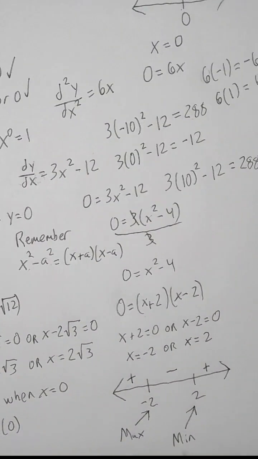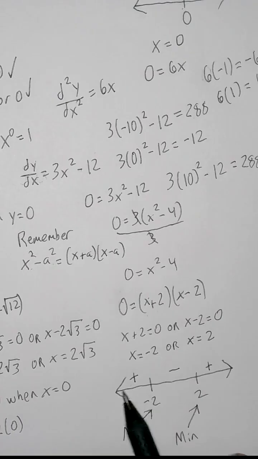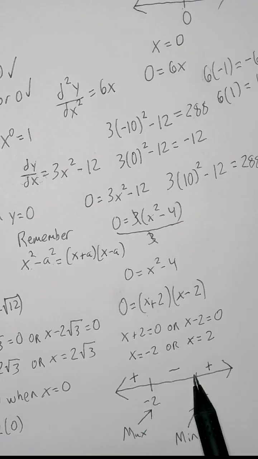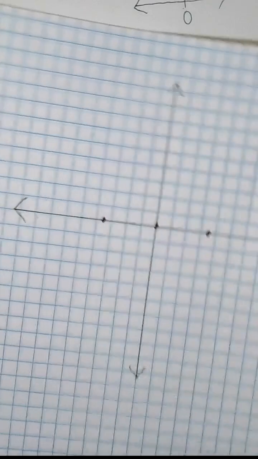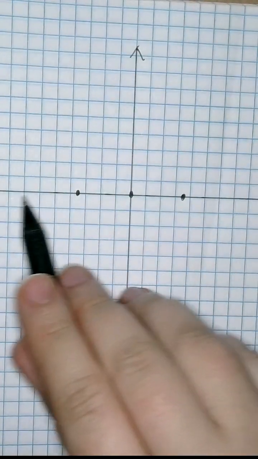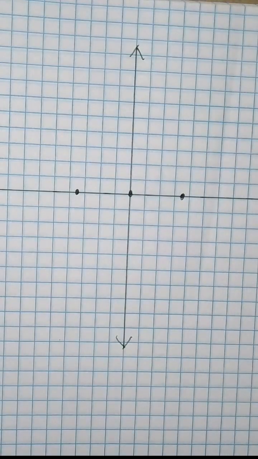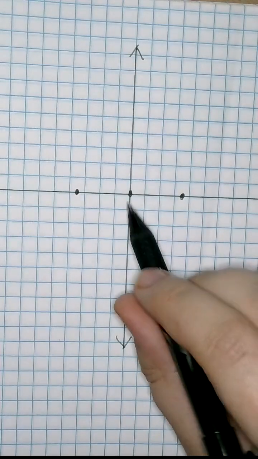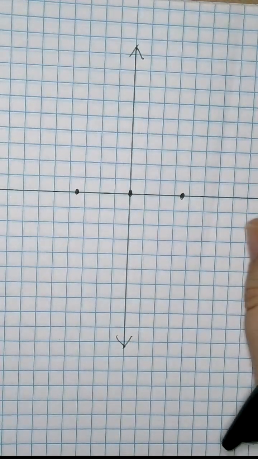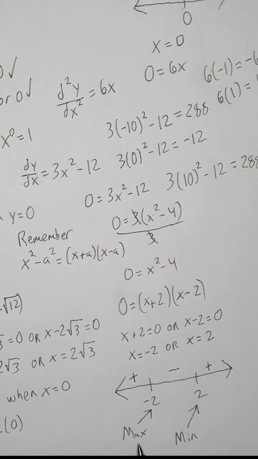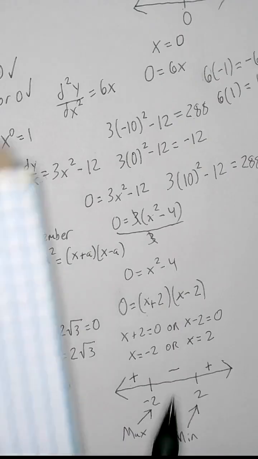My slope is positive from negative infinity to negative 2, and from 2 to infinity. So from here on that way, my slope's going to be positive. From here on that way, my slope's going to be positive. And my slope is going to be negative between negative 2 and 2. My max is going to be at negative 2, and my min's going to be at 2. So let me write that down.